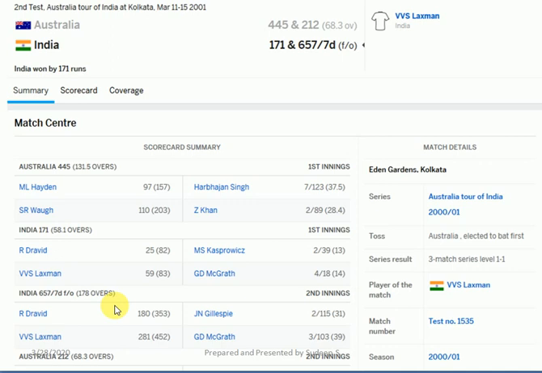Only the third time this has happened since Test cricket began in 1877. It is widely considered to be one of the greatest Test matches in cricket history.